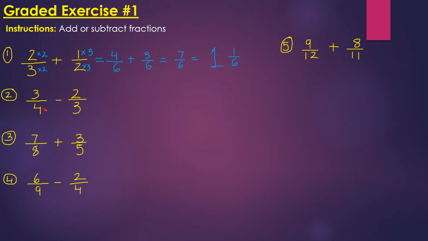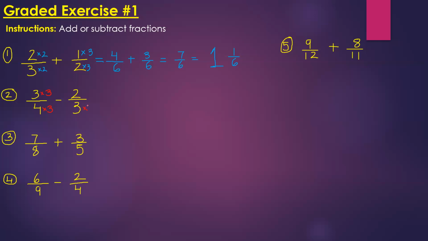Go ahead. First, you find the LCM of 4 and 3, which is 12. And you times 4 by 3. What you do to the bottom number, you do to the top number.